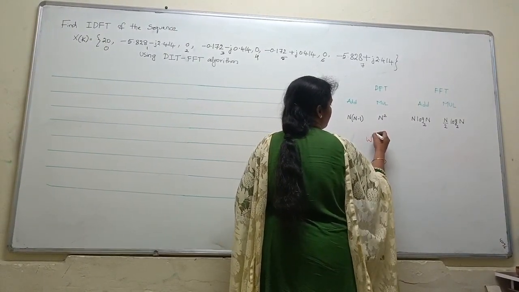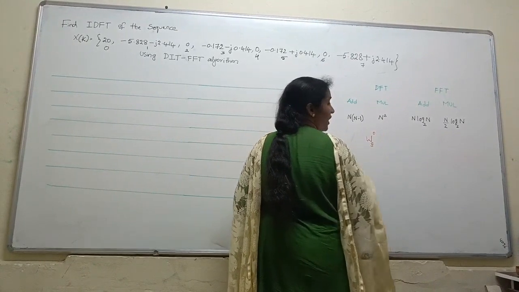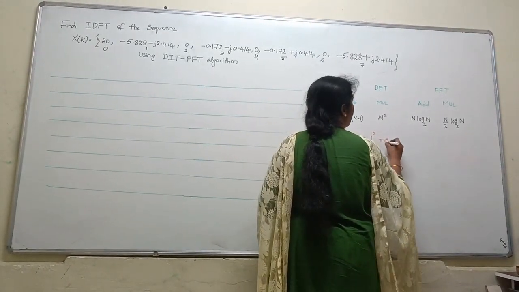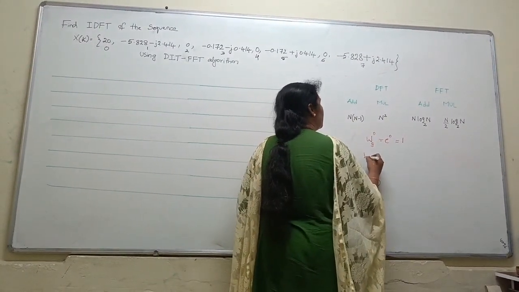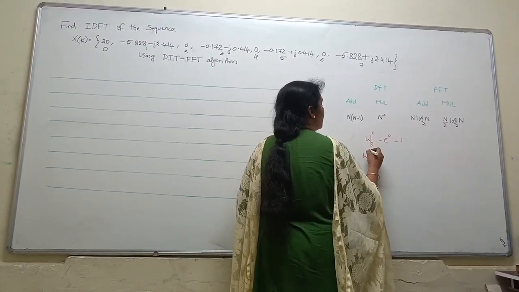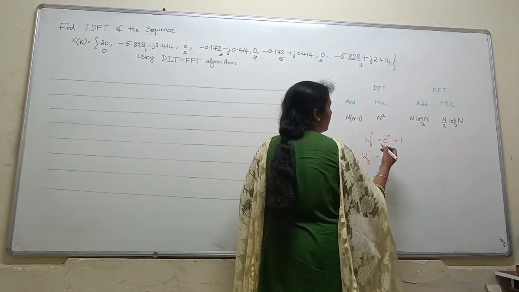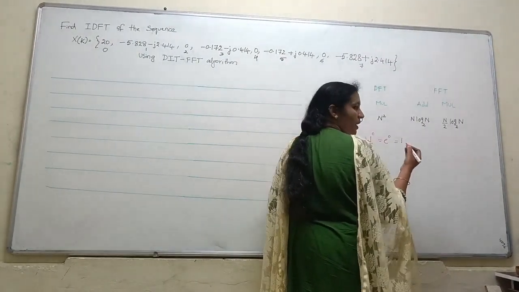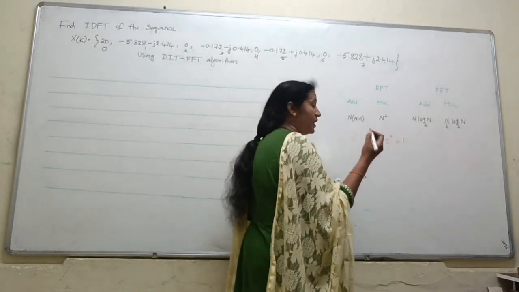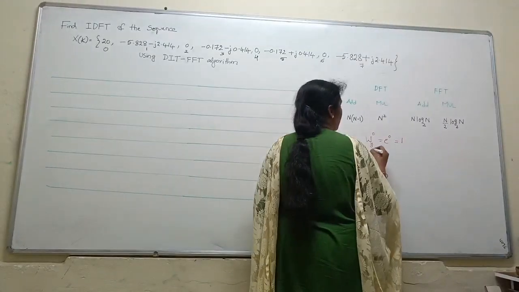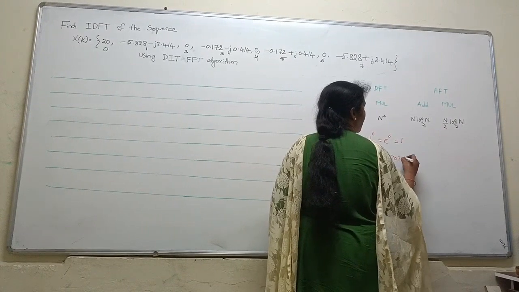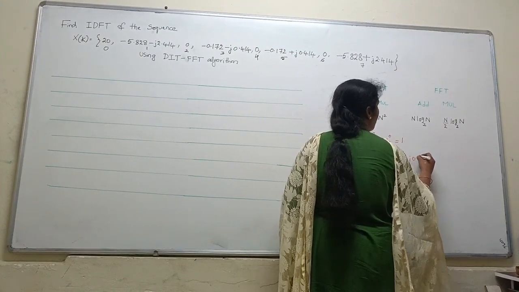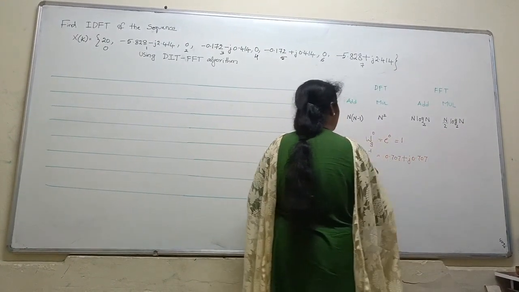W power 0 for 8-point DFT is e power 0, which is equal to 1. The twiddle factor W8 power minus 1 is given by cos pi by 4 plus j sin pi by 4, which is given as 0.707 plus j 0.707.